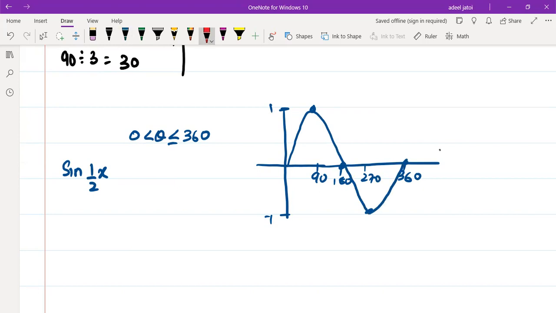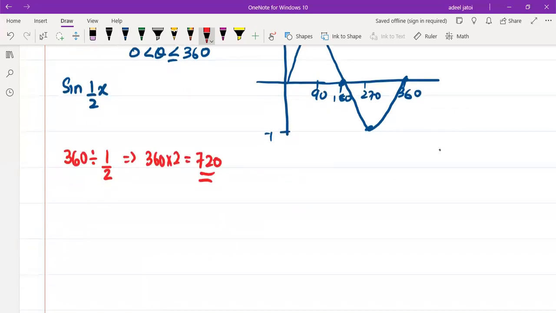Now, just trying to explain you on the same graph. The question says sine 1 upon 2. If I divide 360 divided by half, can I say 360 multiply by 2, which is 720? Now your one cycle will end at what? If I see that I have my minimum value 270, 270 divided by half.